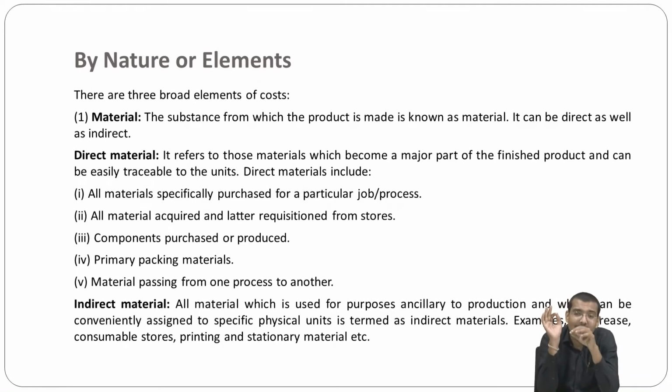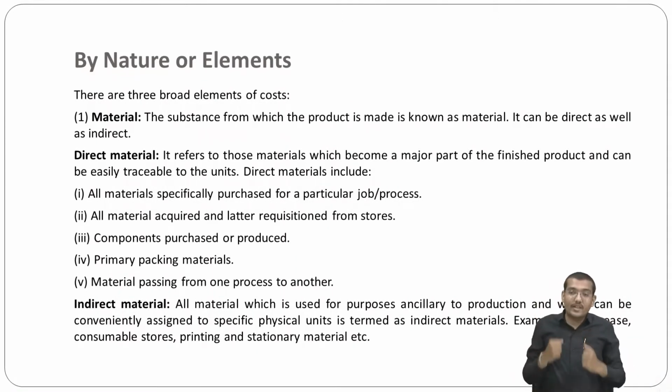And it can be direct material as well as indirect material. If you want to produce something, the substance of that product is acquired, and this is what is called material.